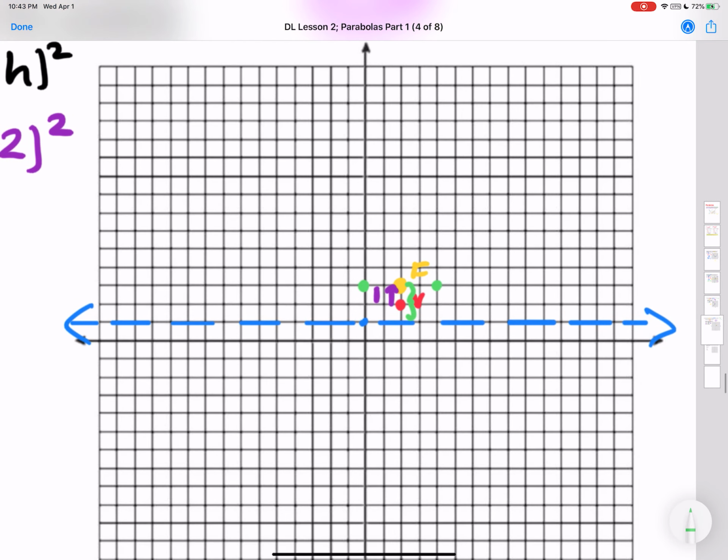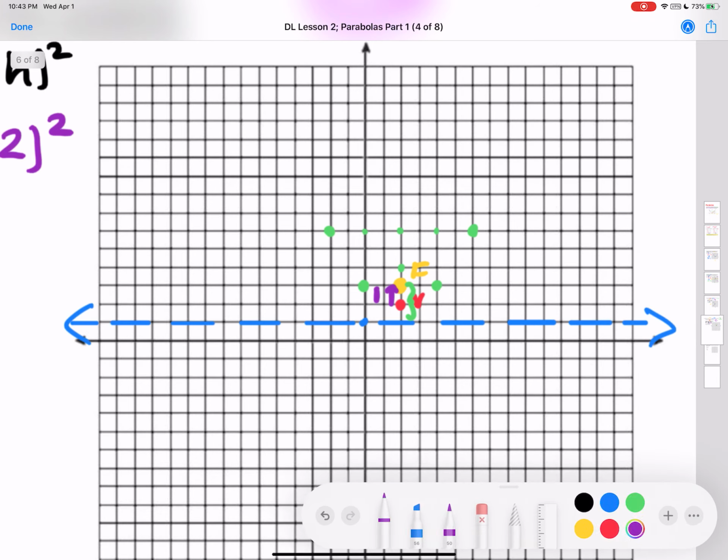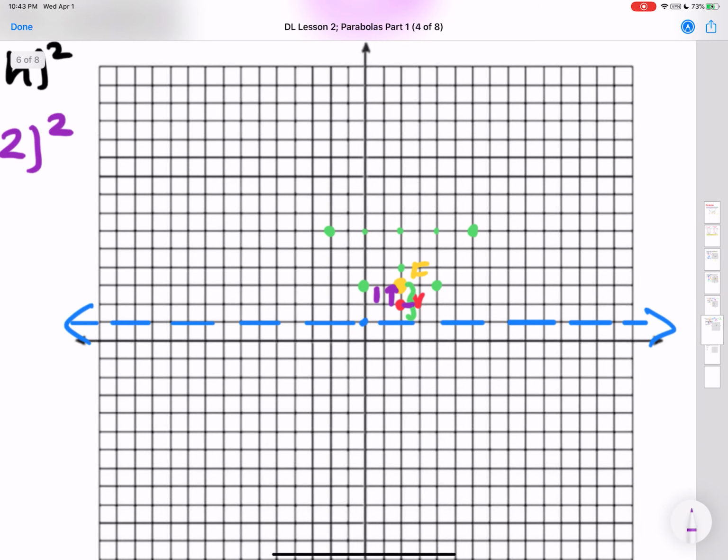So from the vertex, I'm going to go up 4 to 2, 4. And then I'm going to go 4 units to the right, and 4 units to the left. And that's going to give me enough information for me to draw my parabola. So starting from the vertex, remember it's coming from the vertex. It's opening up to the left and to the right.